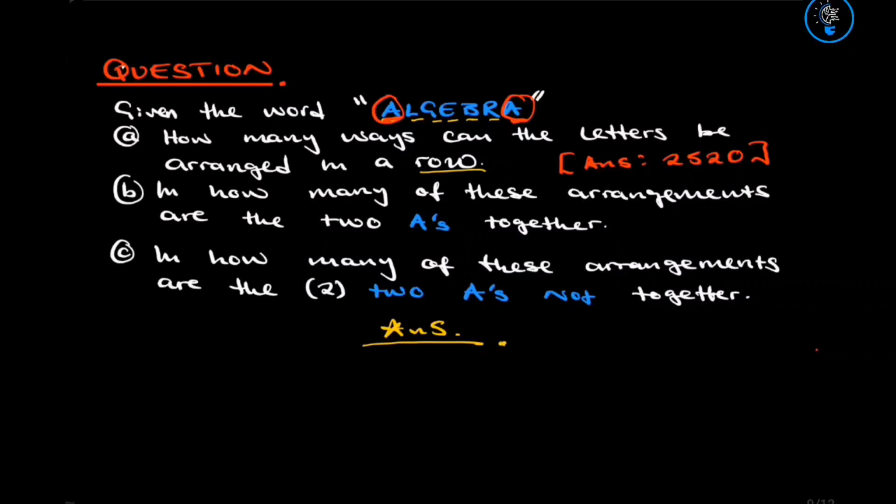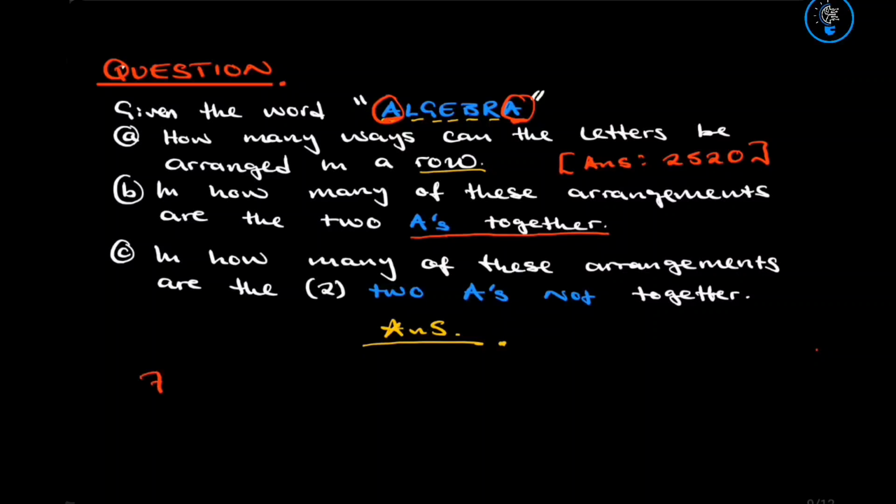Two A's together. So since the question says two A's together, we are going to consider the group, or the set that consists of A's, as one element. Let me repeat again. Since the question says the two A's have to be considered as together, we are going to combine them and count them as one element or one item.